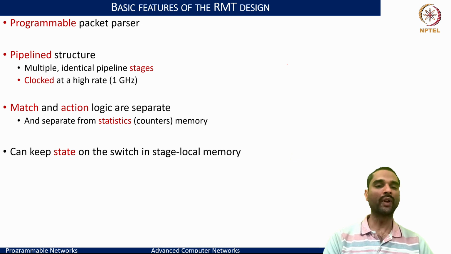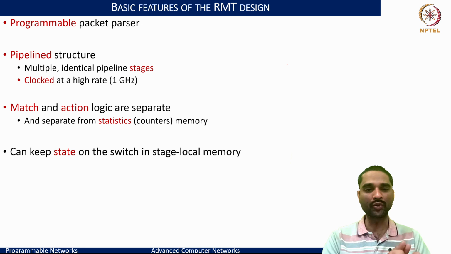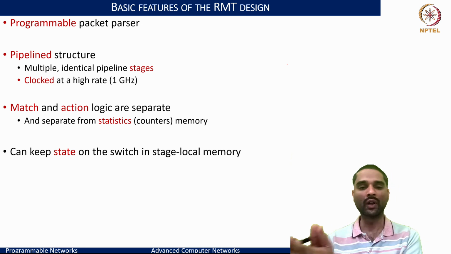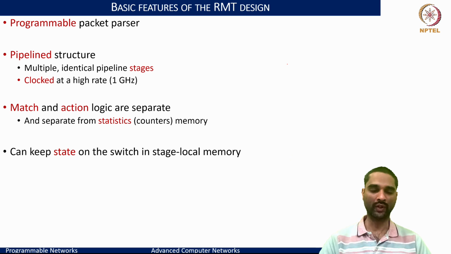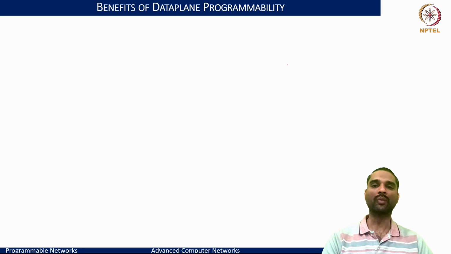And what this also meant is we would also want to keep the state on the switch somewhere in a stage-local memory. For each stage, when you process, you change, you maintain information and then carry it forward. And these are exactly the aspects that we're looking for in trying to define what we call a reconfigurable match table.